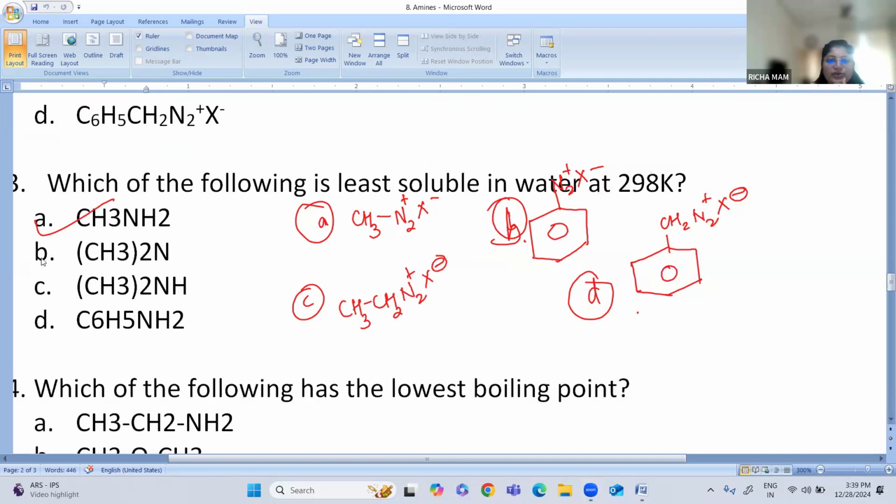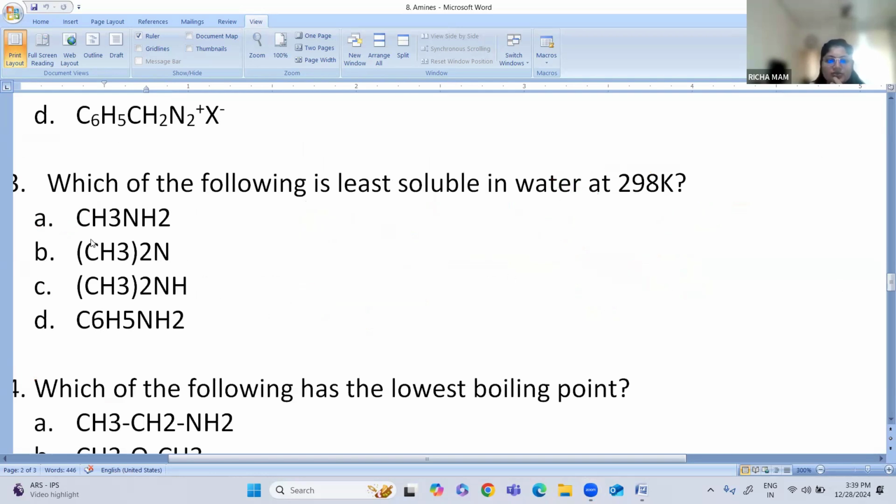Next question. Which of the following is least soluble in water at 298 Kelvin?